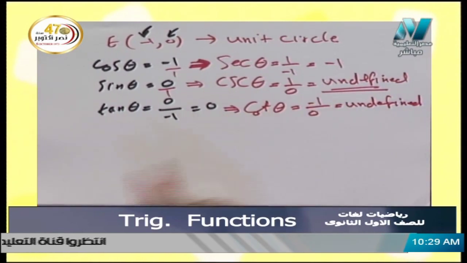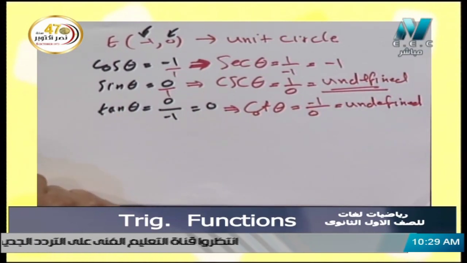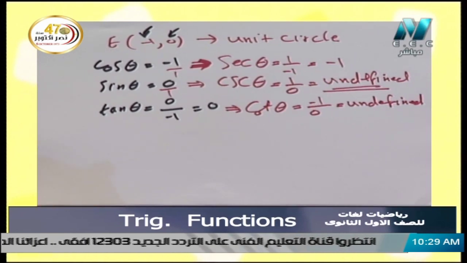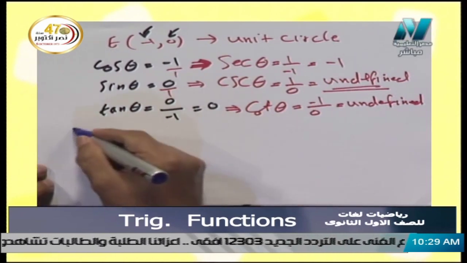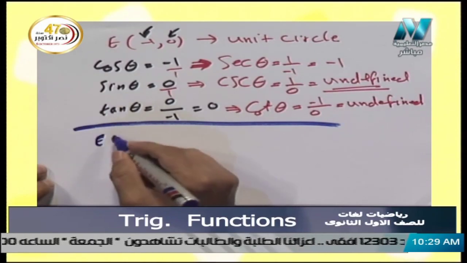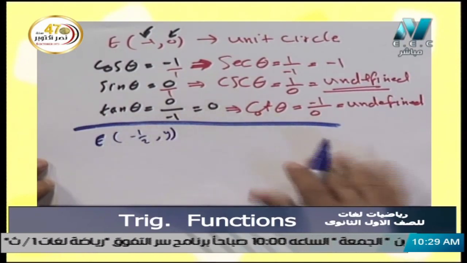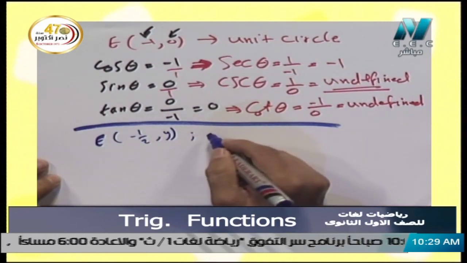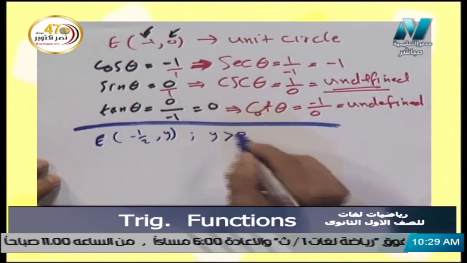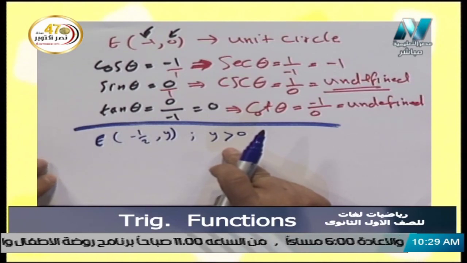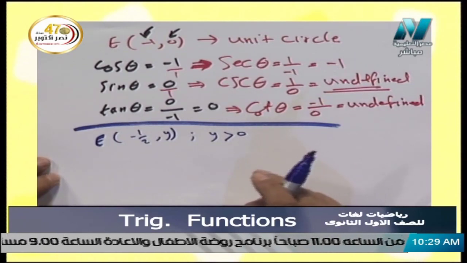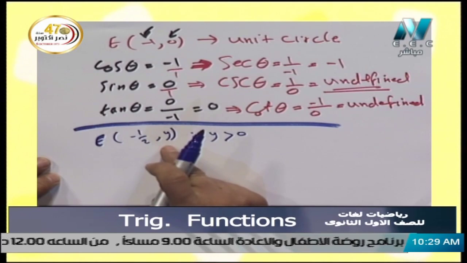Let's move to another point. If we have another point E, which is negative half and y, and we have a condition here that y is greater than 0, that means y here is positive, and we have to find the value of y.